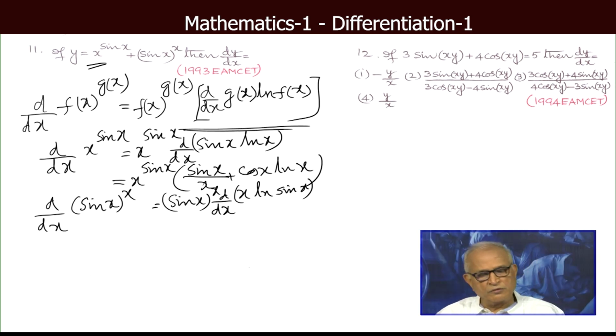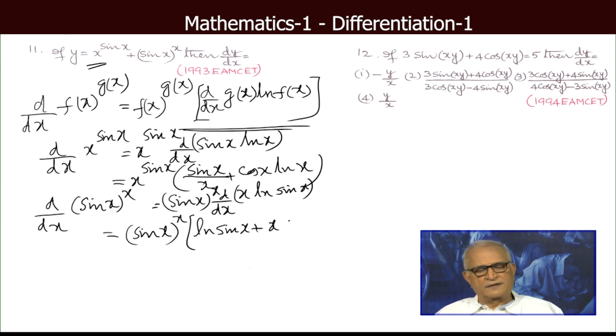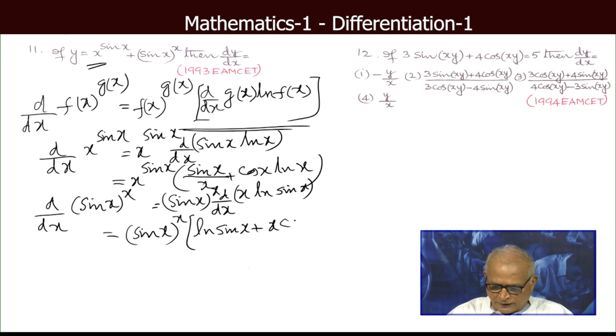Sin x must be positive, base sin x must be positive, therefore, log sin x is clearly defined, or sin x whole power x into ln sin x plus x times derivative of ln sin x, 1 by sin x multiplied by the derivative of sin x is cos x by sin x, which is cotangent x.